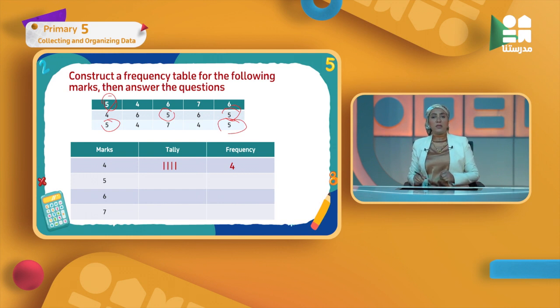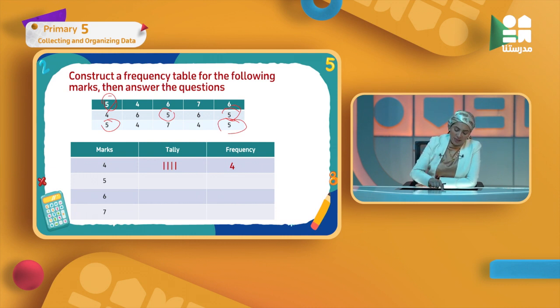Then how many times did we get 5? 1, 2, 3, 4, and 5. So I will write 5 tallies as we said before, 4 tallies, and I cross them with the 5th one, a bundle of 5. And in the frequency column I have to write the number 5 because I have got these tallies 5 times.